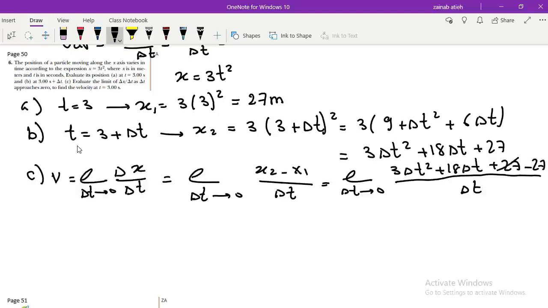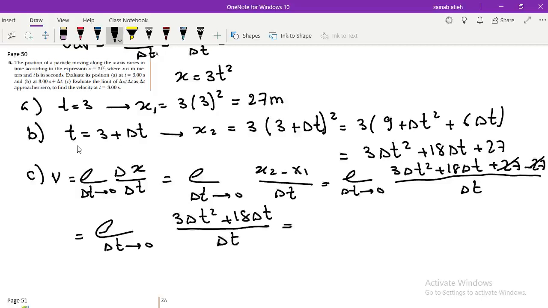Okay, this is cancelled, so we get the limit as delta t tends to 0 of 3 delta t squared plus 18 delta t over delta t.